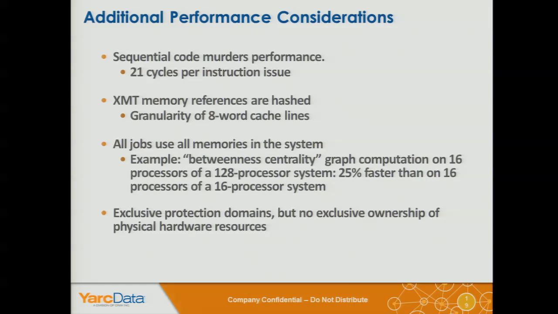And that's kind of counterintuitive, but just think of all the additional wires and all the additional memory controllers that you're able to utilize. So because you're spreading this load out over the entire system, and it's hashed, there's simply more bandwidth between you and all of the memory. So it's an interesting wrinkle.